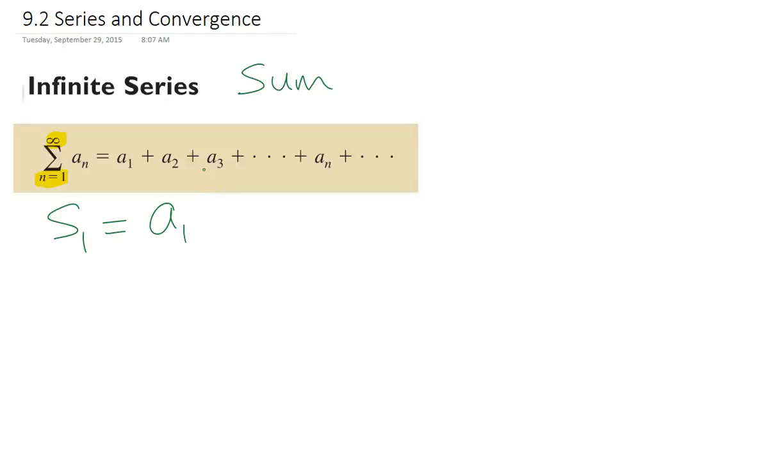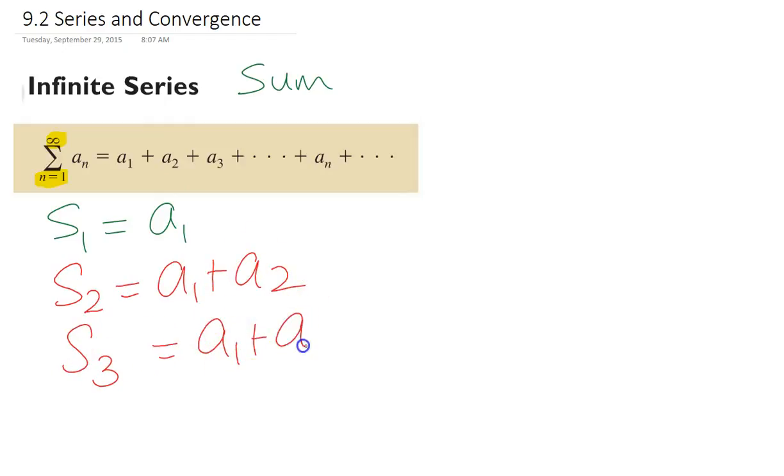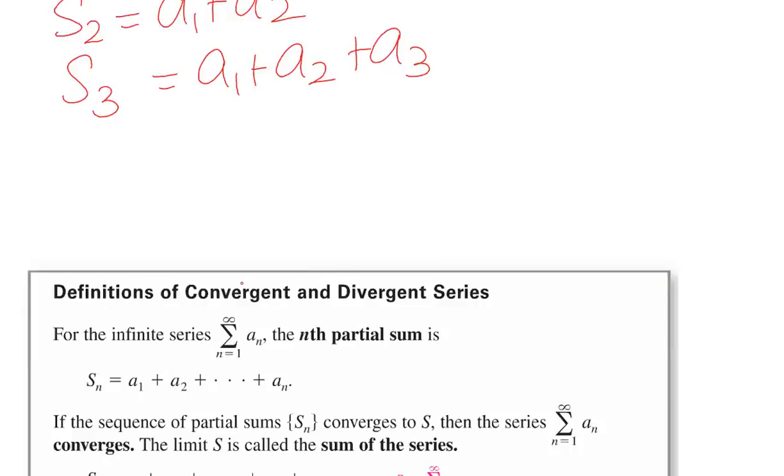S2 stands for the sum of the first two terms, a1 plus a2. S3 is the sum of the first three terms, a1 plus a2 plus a3. That's how you find the finite sum, okay? Because you can easily add these numbers, right? First and the second, first, second, third, and so on and so forth.